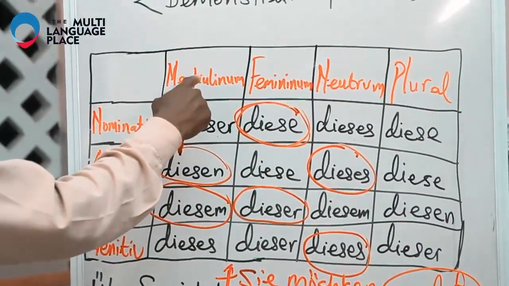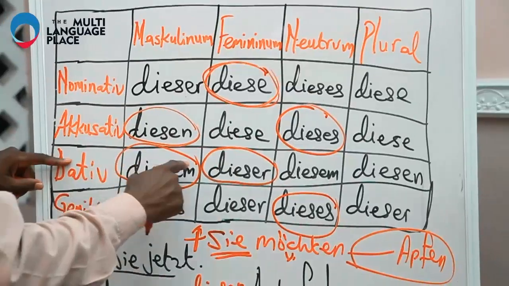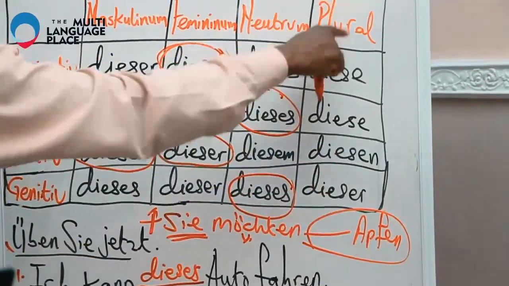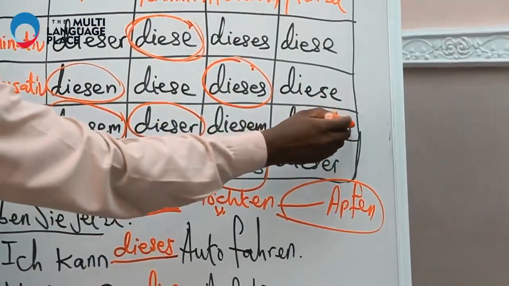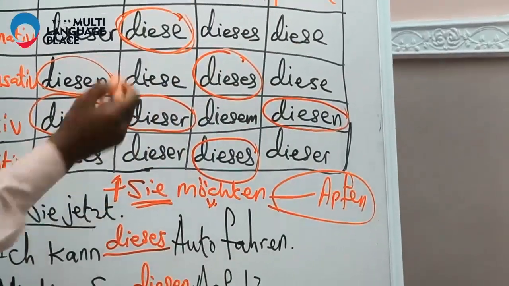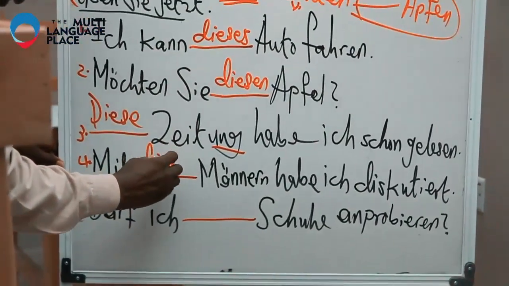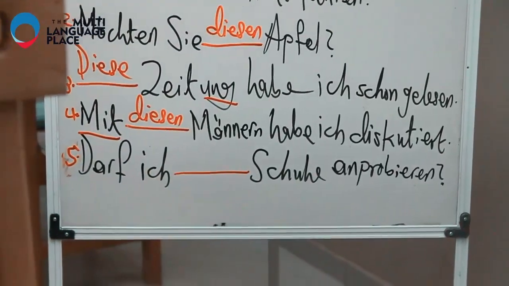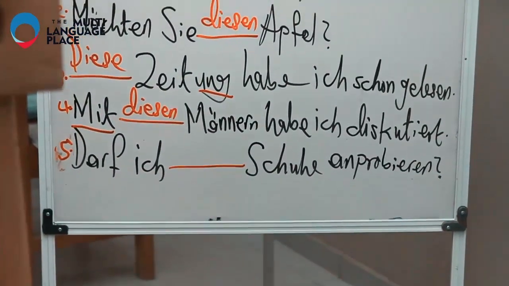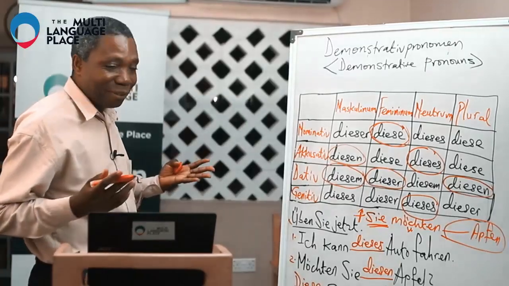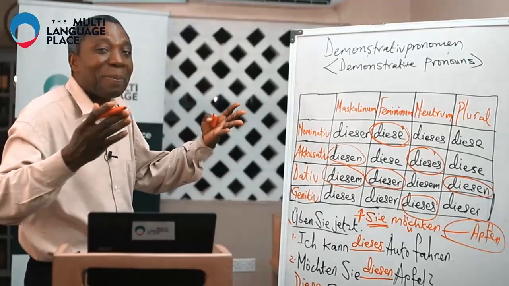So we can't use this one. Dative, plural. So we have mit diesen Männern habe ich diskutiert. So I have discussed with these men.